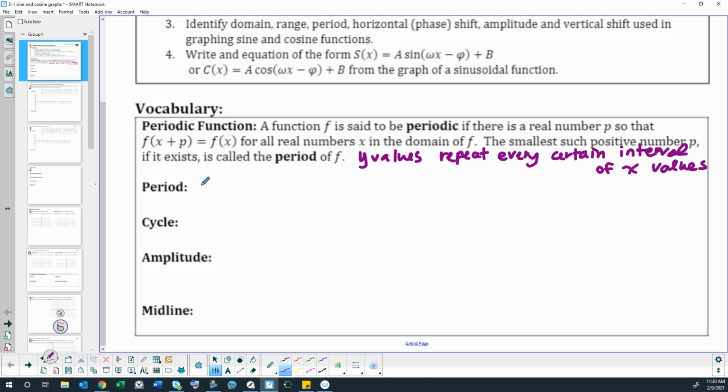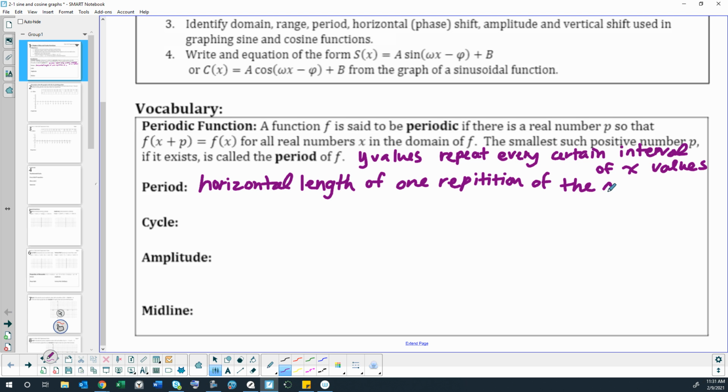These are just basic definitions. Okay, so the period is the horizontal length of one repetition of the graph. Should we say horizontal length? I think that's better. I don't think I spelled repetition right.